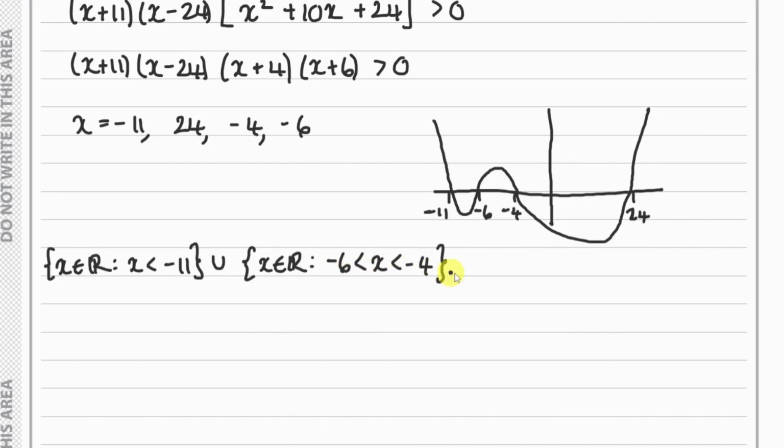Carefully draw signs and make sure you copy the strictness. So these are strict inequalities, no equals. If there was an equals in the initial, I would be putting equals everywhere here. Unioned with x is an element of the reals such that x is greater than 24.